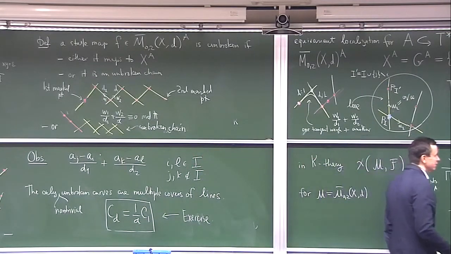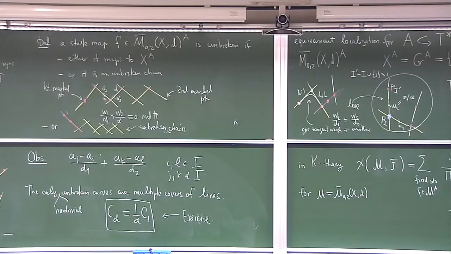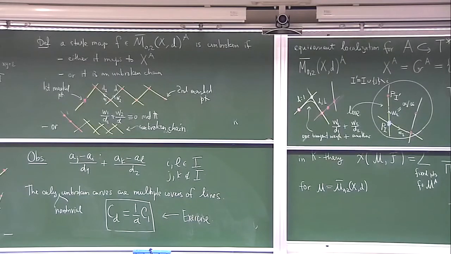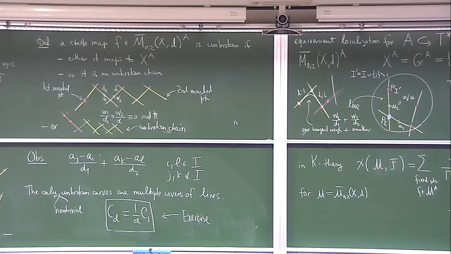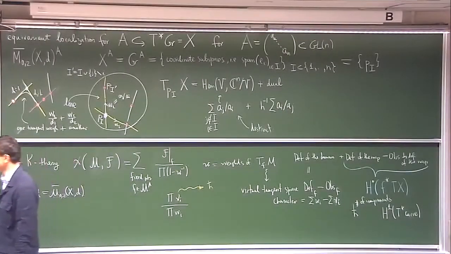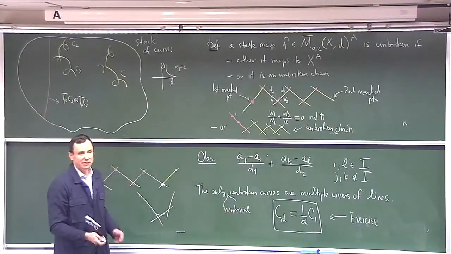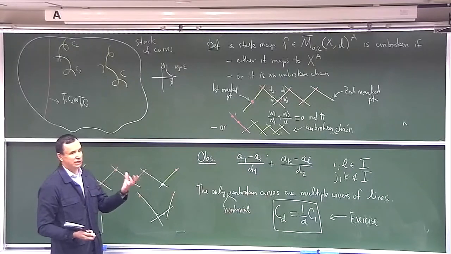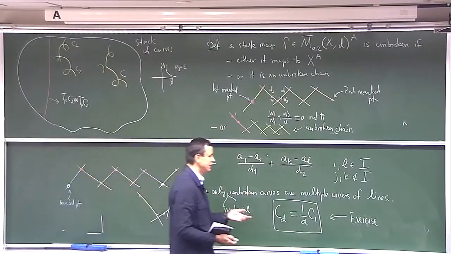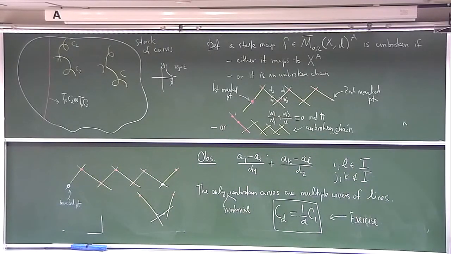There are other ways to do it, but it's best to do it by localization as an exercise. This in fact means a complete computation, because what is c1? c1 is some explicit correspondence. It's the pairs of points that lie on a line. What does it mean concretely? So remember, maybe I'll erase this picture here.